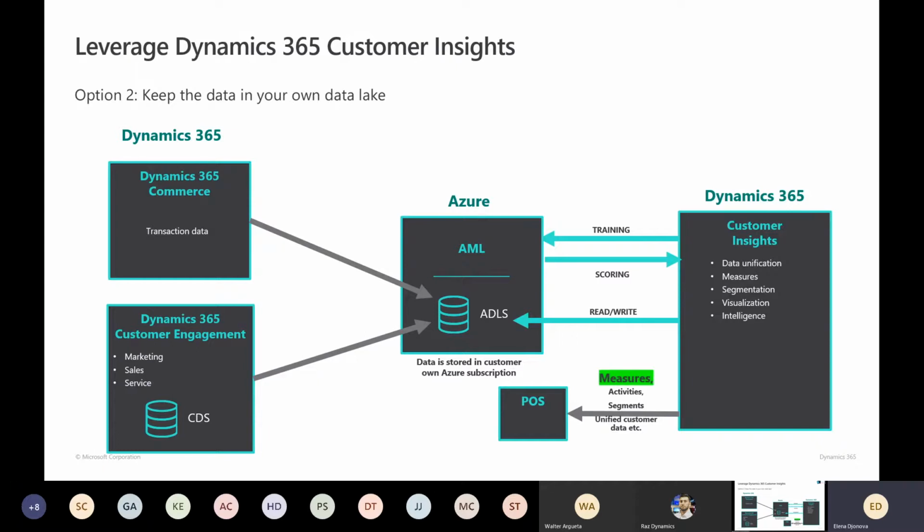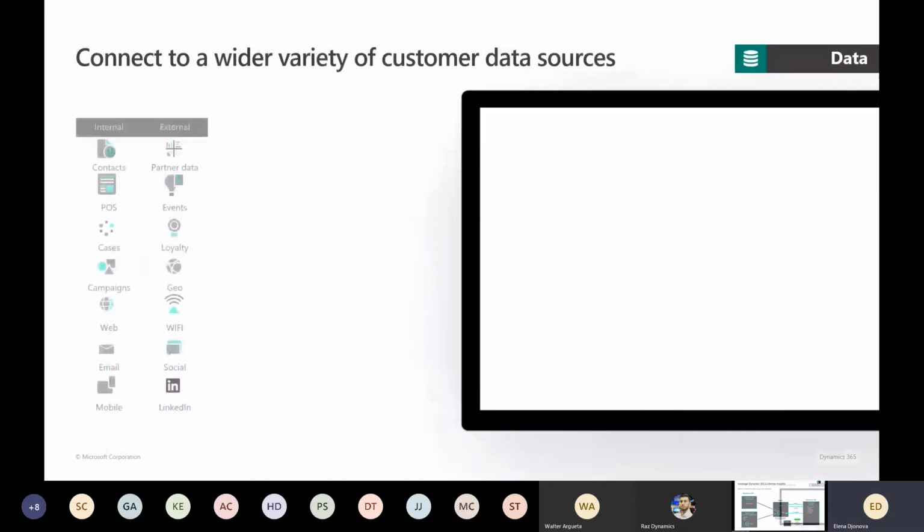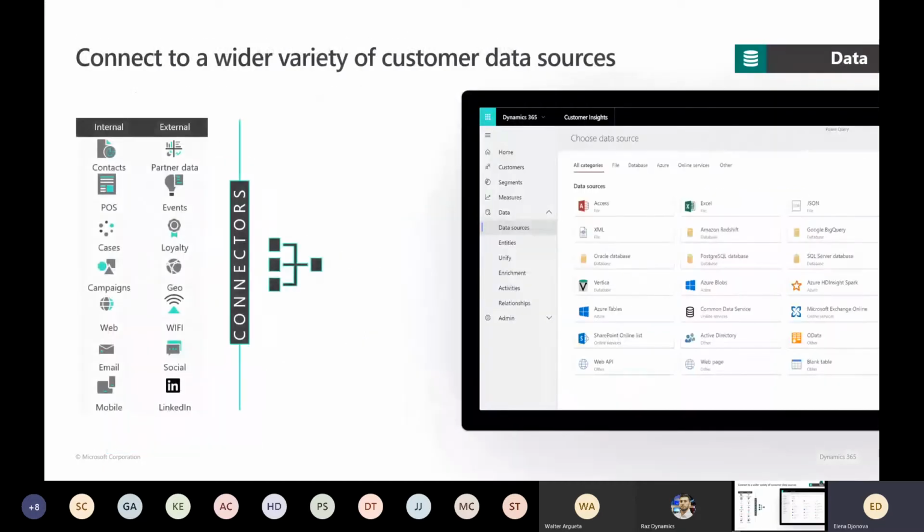Now, let's take a step more into explaining what the connectors available are, in case we would like to ingest data from different sources. On the screen here, you can see different categories for different types of data sources.